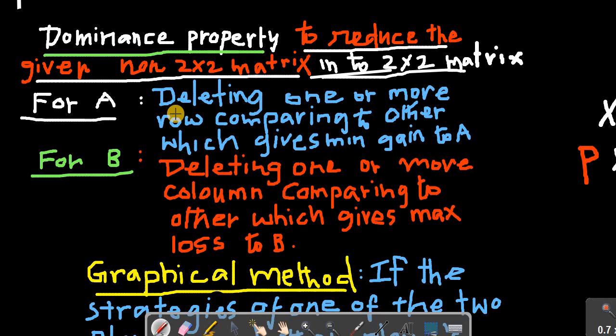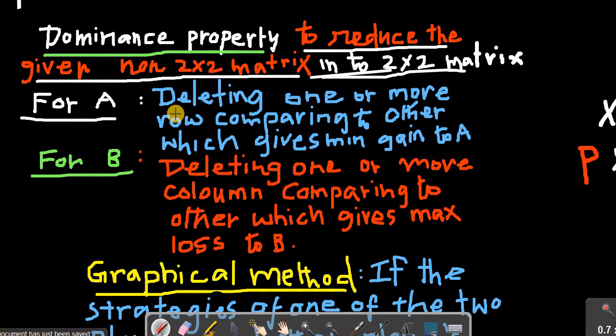If any strategy gives him more loss, or maximum loss, when compared to the other strategies, he is avoiding it, he is deleting that strategy, because that strategy is very dangerous for him, as it gives maximum loss to him. So he is avoiding that particular strategy.